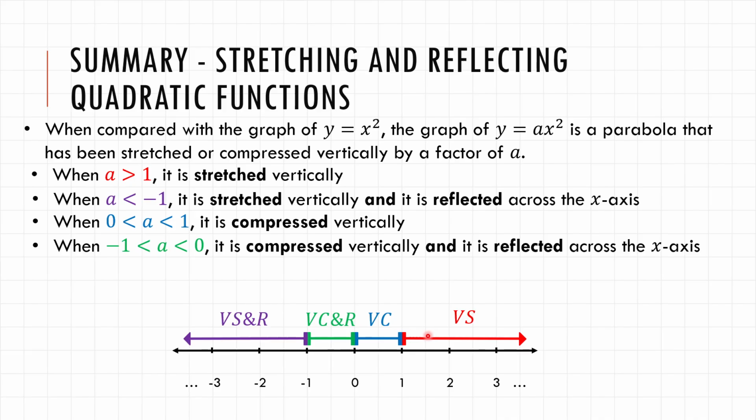Picture it like you are multiplying a person's height. Let's say they are exactly 1 unit tall, or 1 meter tall, and you are multiplying their height by a certain number. If you multiply it by a number that's bigger than 1, this person's height will be taller.